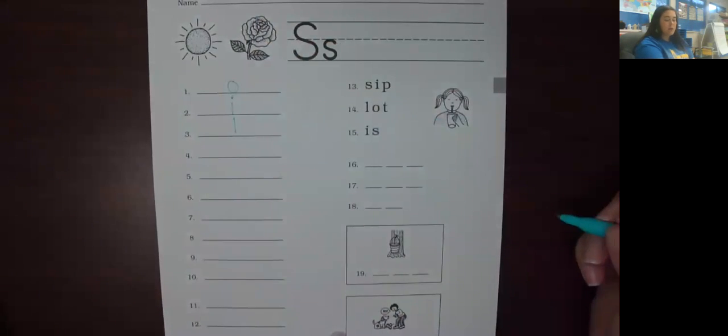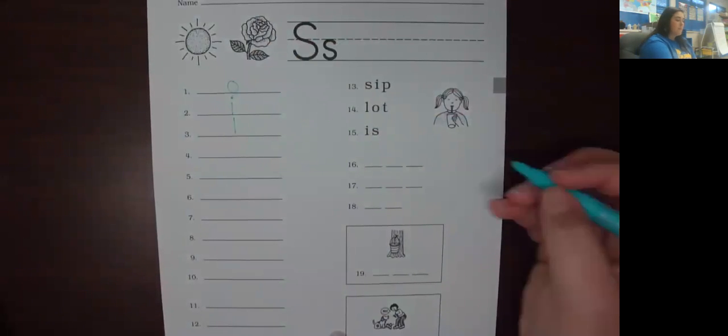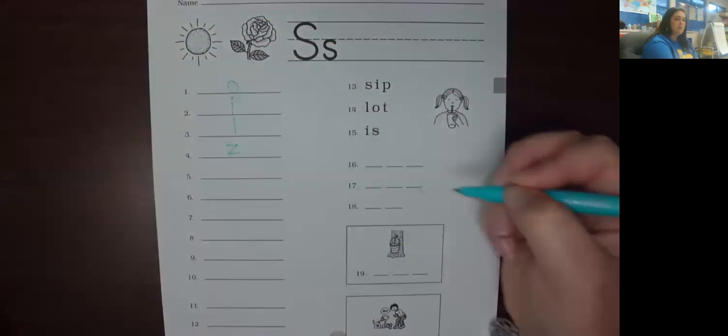L. Number 4, z. Number 5, a. That's the long sound for A. Number 6, T. Number 7, O.